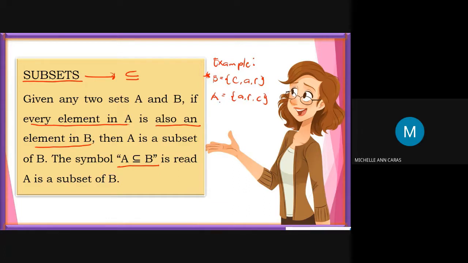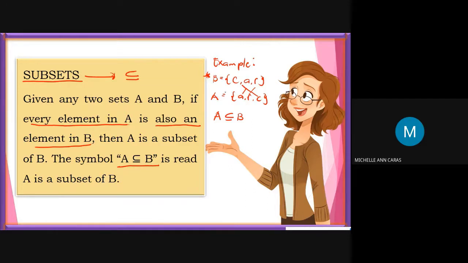So, still, in this example, kung tanawon naton, tanan nga element ni A, ara kay B. Since si A, meron siya sang element nga A, and si B meron sang element ng A. Si A meron siya sang element ng R, si B meron siya sang element ng R. The same thing. Si A meron siya sang element ng C, si B meron siya sang element ng C. So therefore, we can say that si A is a subset of B. Okay. So that is another example of a subset.